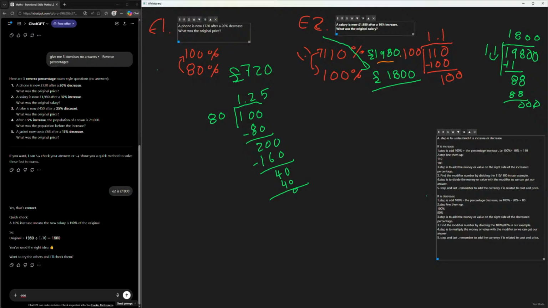So our modifier is 1.25. Now we need to multiply 720 times 1.25. This is gonna go because of the pointer, so 5 times 2 is 10, 35, 36, 14.